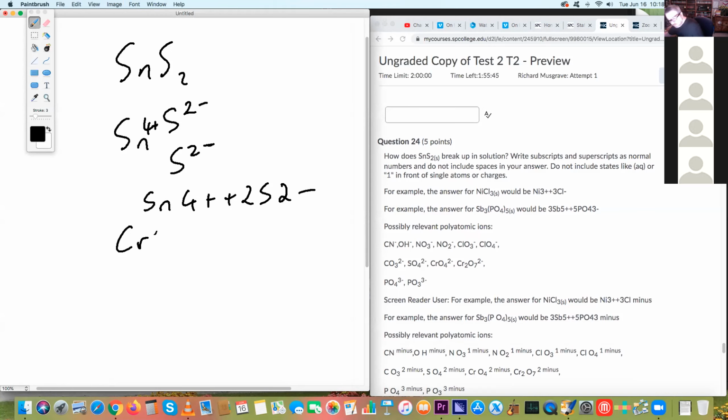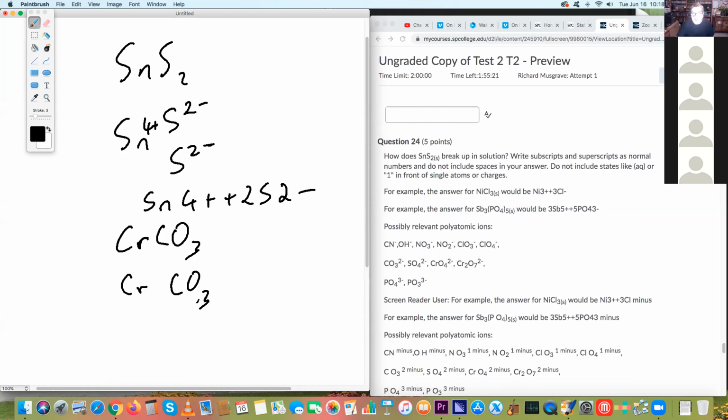Something a little bit different. Let's say it was CrCO3. I'd want you to know that you'd split that up, and that would be the picture. I think sometimes people look at polyatomic ions like CO3 and think that there's 3 of them, and that's how it would split up. But a polyatomic ion, you know how many there are if there's parentheses or not.